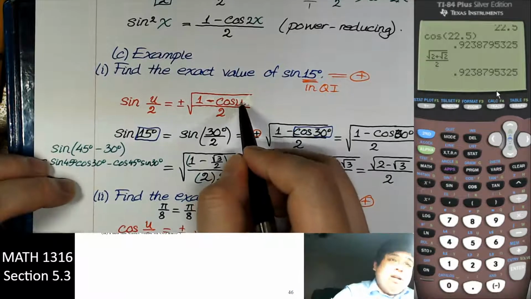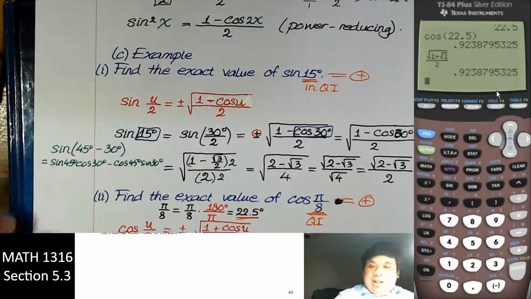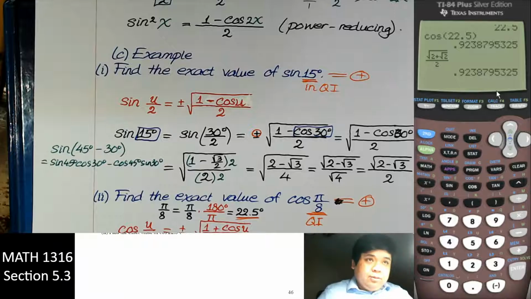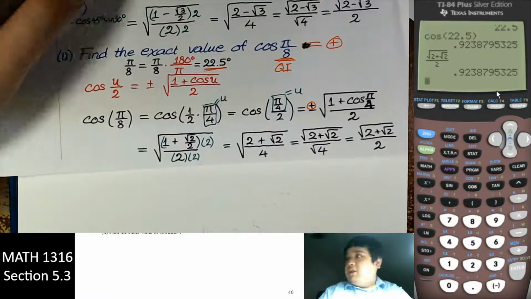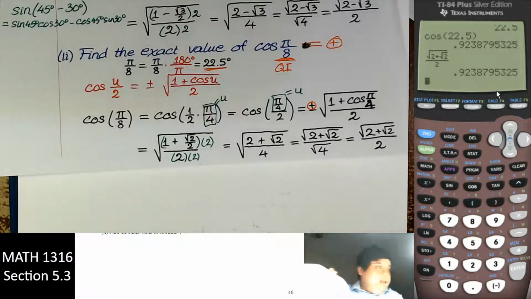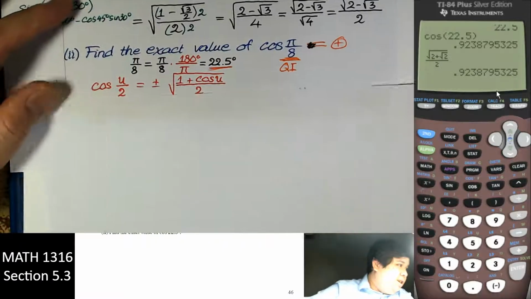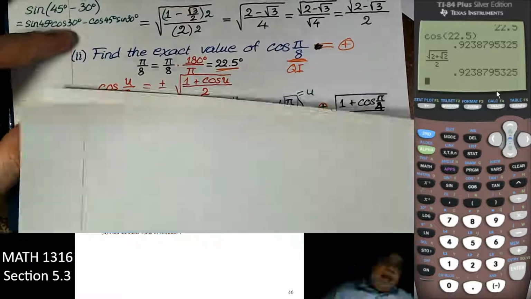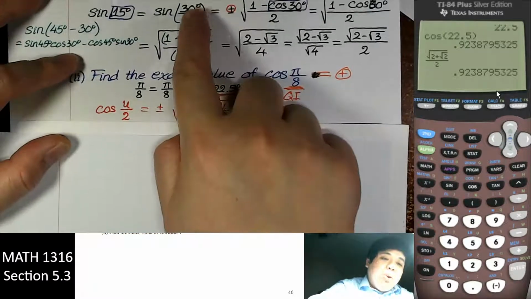Right, yeah. So that is just u, not 2u. Oh, we said if there's no 2 here, how do we get 30?